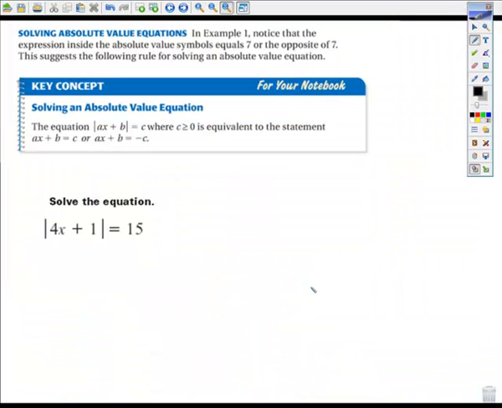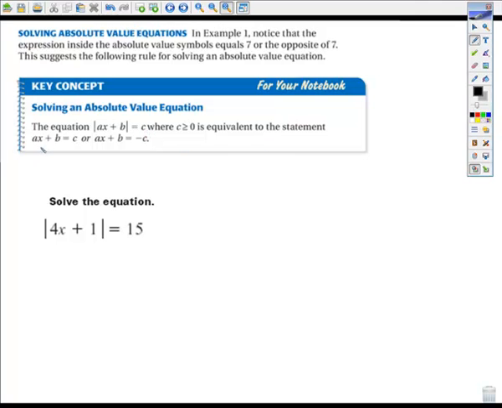Let's move on. When you're solving an absolute value equation, here's the setup of the equation. We're going to have the absolute value of ax plus b equals c, some value. A, b, and c are just real numbers. But c has to be positive or 0, because you cannot take the absolute value of something and get a negative.